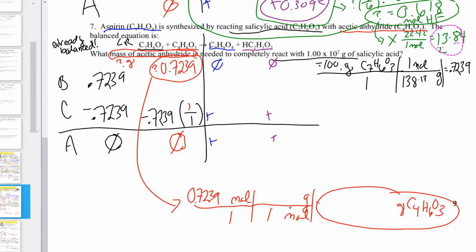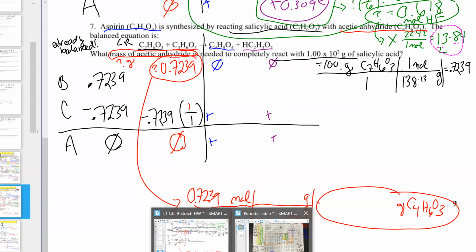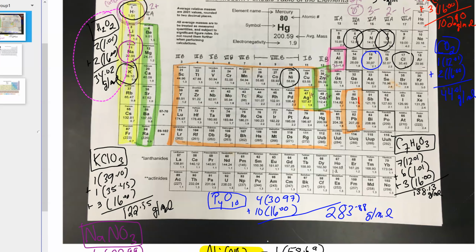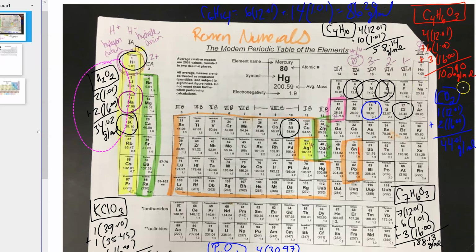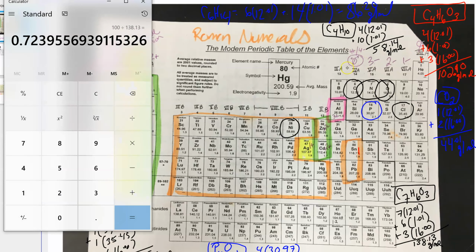Acetic anhydride is C4H6O3, so get out your periodic table. We need to find C4H6O3, which I did right over here. And that molar mass is going to be 102. Oh, is that a 9 or a 1? Let's check our math here.